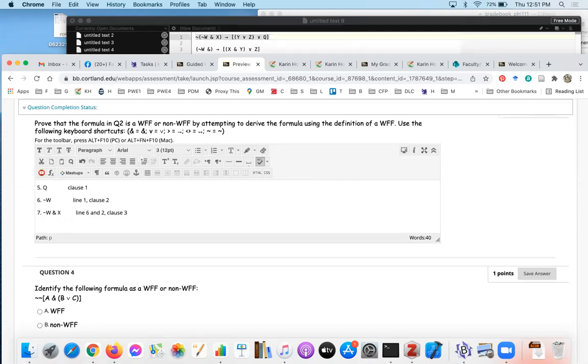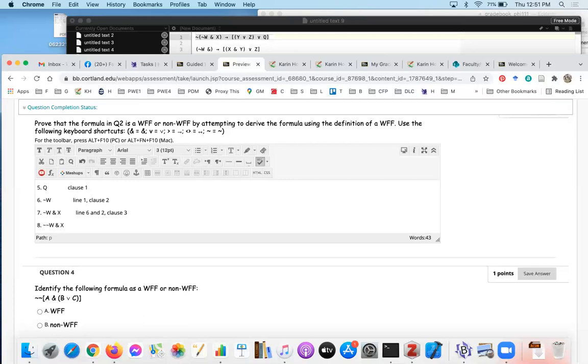Okay. So now we're going to form the formula not, it's false that not W ampersand X. So here's where we need the parentheses.